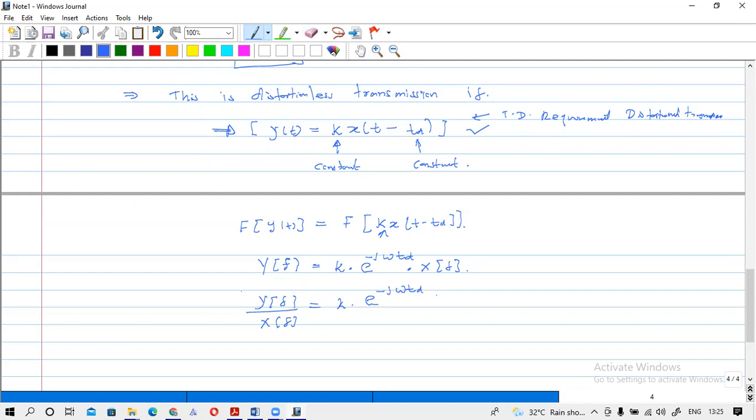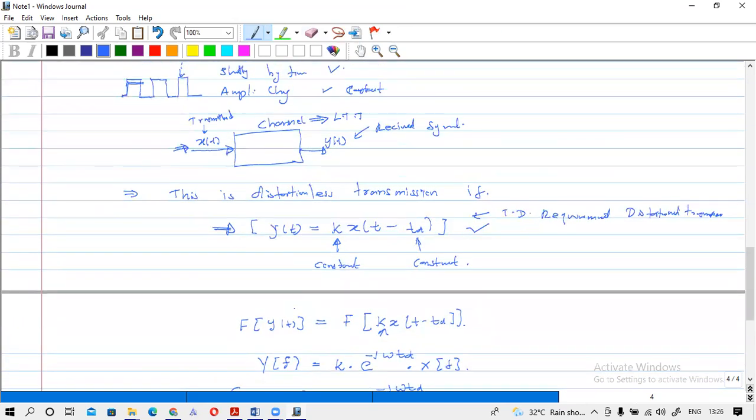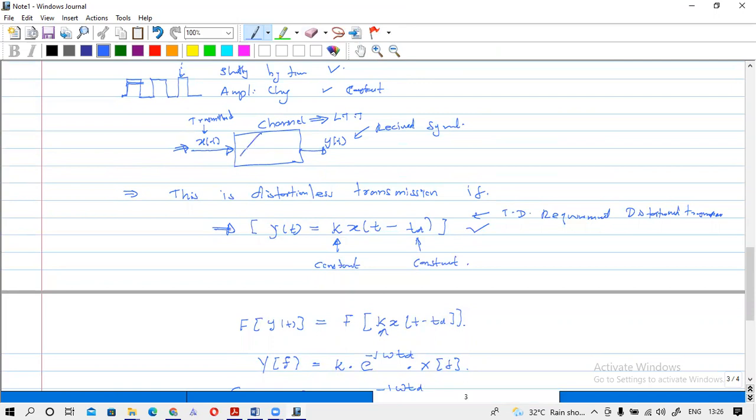So what is this? This is the output of the system in the frequency domain, and this is the input of the system in the frequency domain. So you get here the transfer function of this channel.